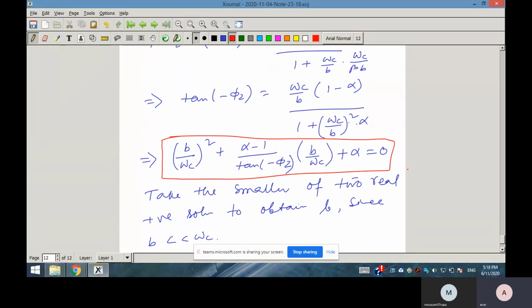Then the controller design will be over. Okay, sorry, the lag lead part design will be over.